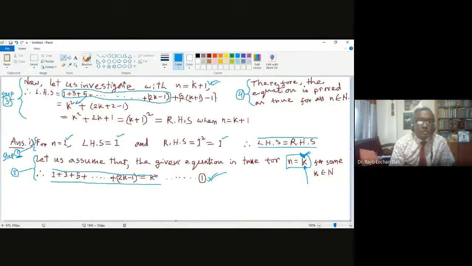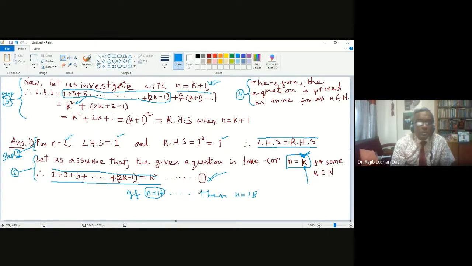If you just show that n equal to 17 is correct, then you are showing n equal to 17 plus 1, that means 18. In this case it is n equal to 18. So n equal to 18 is also correct.